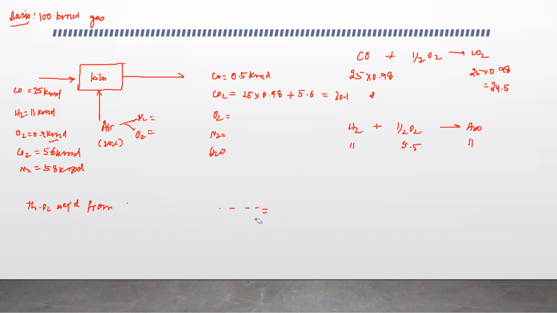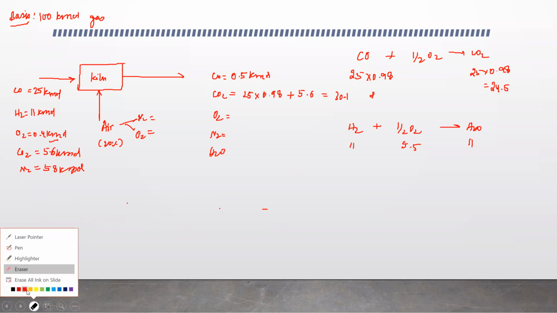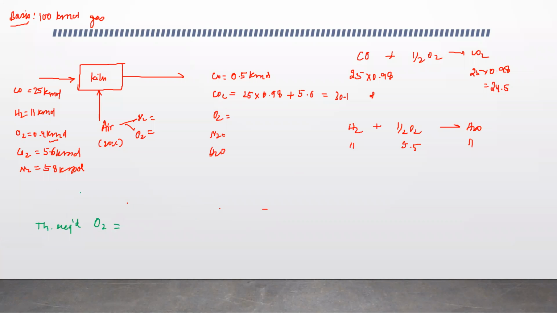First of all, let's see what is the theoretical oxygen required, not from air, in general for this chemical reaction. All right, there's a slight confusion. So theoretical oxygen required is going to be, as I told you, what we want is that all the carbon monoxide should be converted to form carbon dioxide, right? So 25 kilomoles of carbon monoxide is there. So we want it to convert entirely into carbon dioxide. So for 1 kilomole of carbon monoxide, half kilomole of oxygen is required.